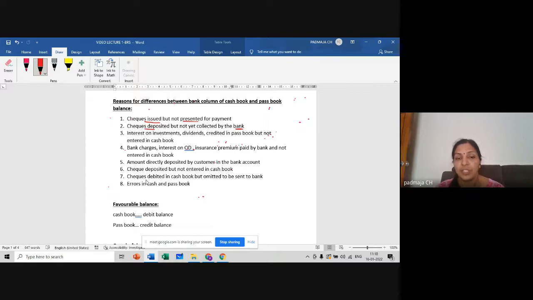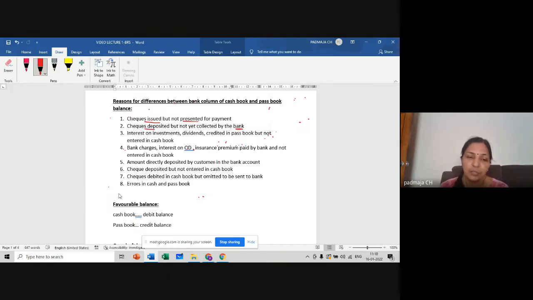Sometimes checks are debited in the cash book, but they are omitted to be sent to the bank. There might be some errors either in the cash book or passbook. All these could be the reasons why there exists a difference between the bank column of the cash book and the passbook balance. Let us look into how to solve problems in bank reconciliation statement.